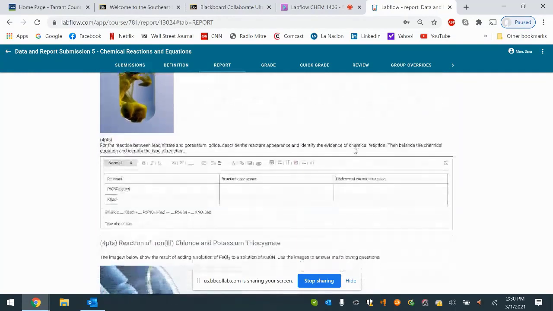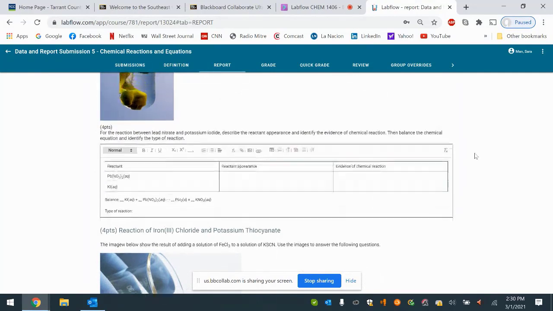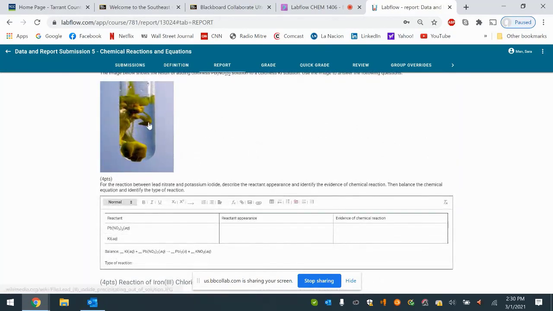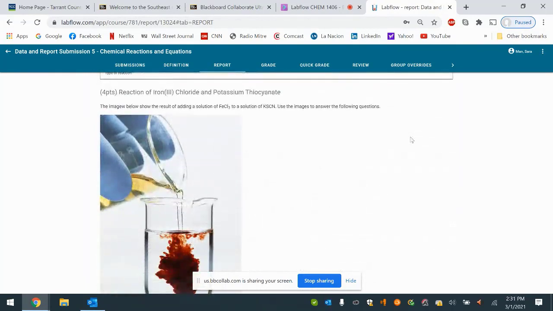So they are telling you the reactants and how they look. Read all the details, because you will have to write the reactant appearance and the evidence. That is easy peasy. You mix two colorless solutions and you end up with this tube. This is a sign of a chemical reaction.